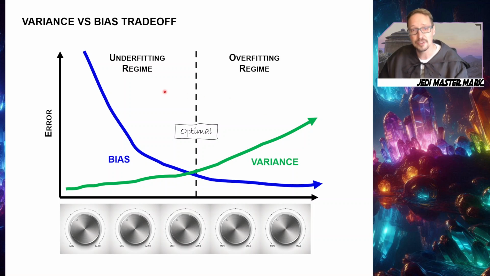This signals a shift between an underfitting regime where your model is too simple, for instance, and an overfitting regime where your model is too complex. And there's some optimal middle ground. That's really where you want to shoot for with your machine learning model in order to capture the best of both of these, the bias and the variance.